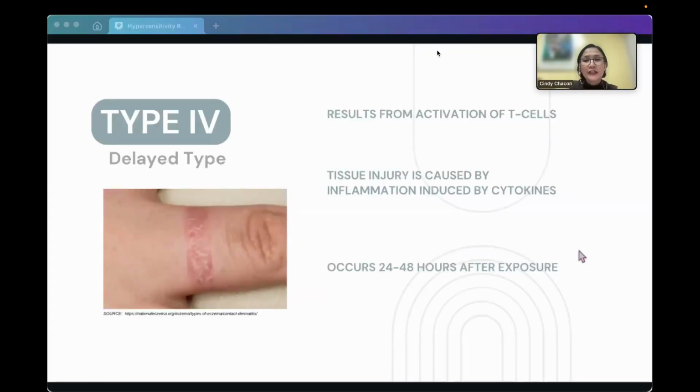So it is called delayed hypersensitivity reaction precisely because the reaction typically appears 24 to 48 hours after re-exposure in a previously sensitized individual. Unlike your type 1, wherein the manifestation occurs minutes, seconds even after the exposure, in DTH, the reaction occurs far from the time the individual was exposed to the allergen. So it appears 24 to 48 hours later.